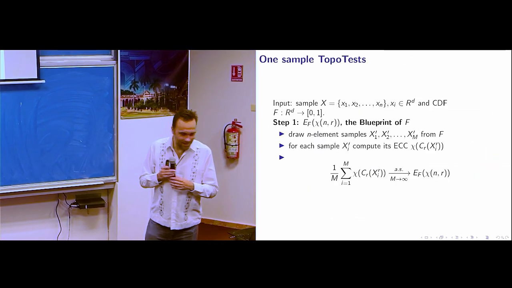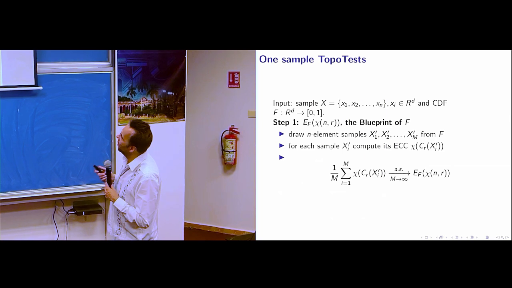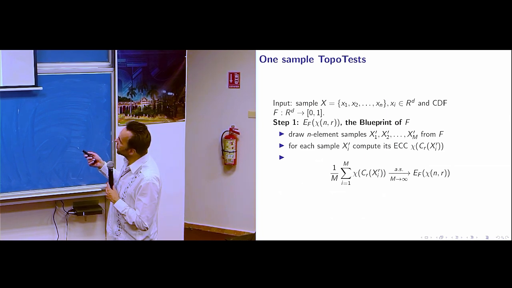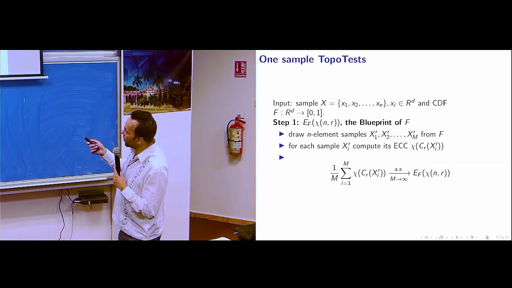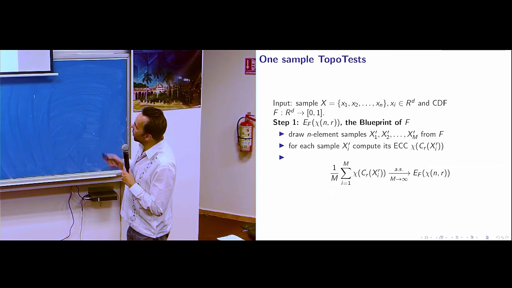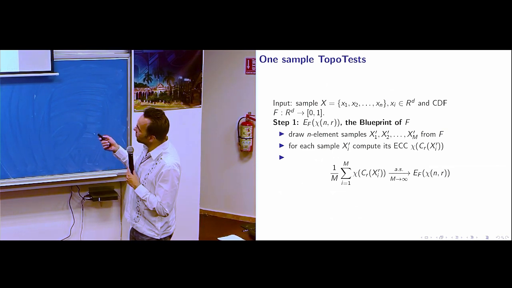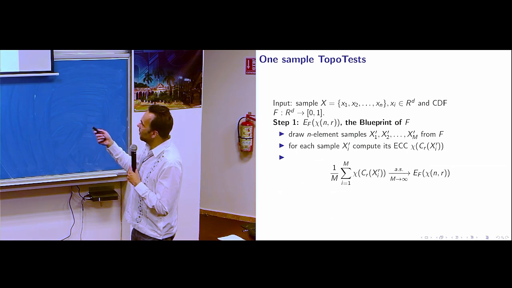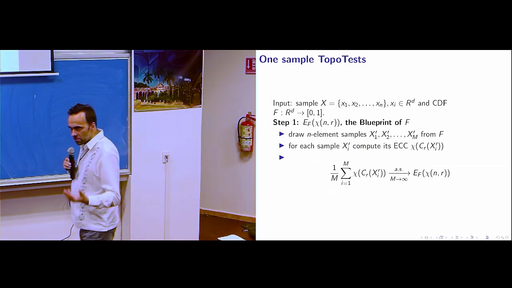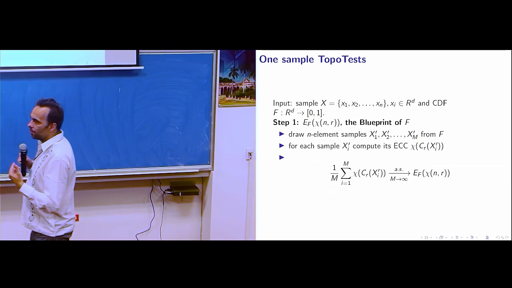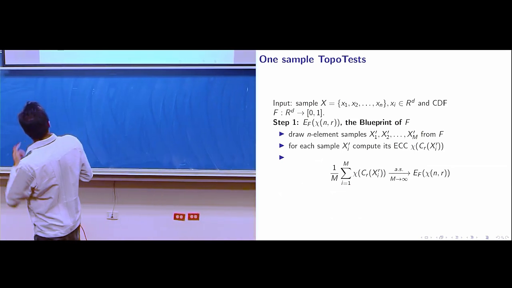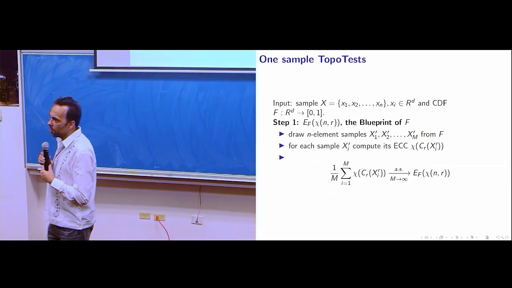In the first step, we want to understand what the expected Euler characteristic of a sample of size n from this cumulative distribution function looks like. We are trying to get this essentially by Monte Carlo.